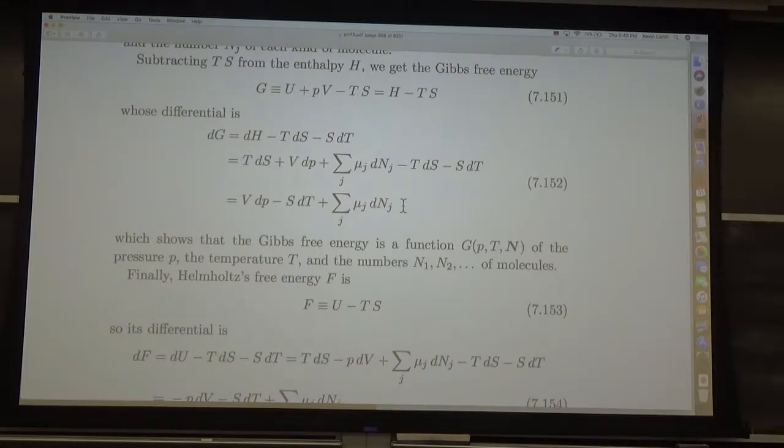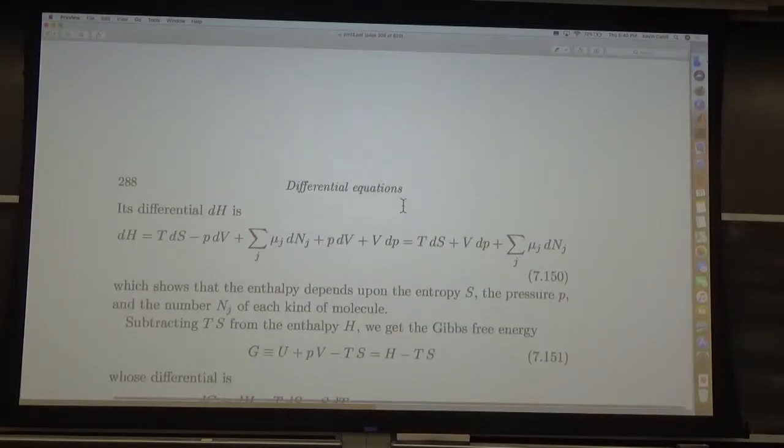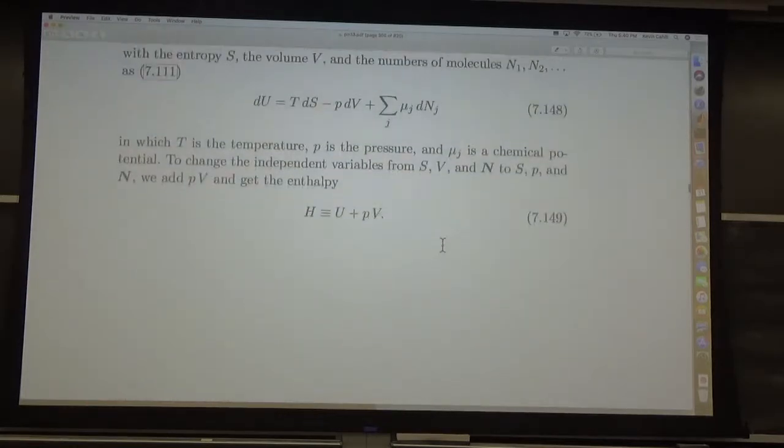the pressure and the temperature and the numbers of particles are things that are immediately accessible to somebody doing an experiment, whereas the enthalpy is a function of the entropy. Well, who knows what the entropy is of the sample that you're dealing with? And over here, once again, the internal energy is a function of the entropy.